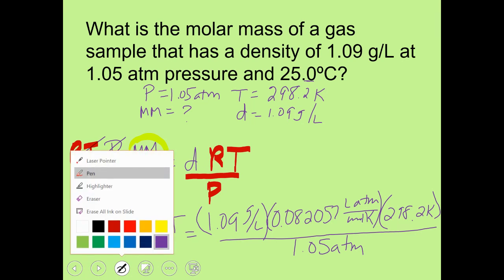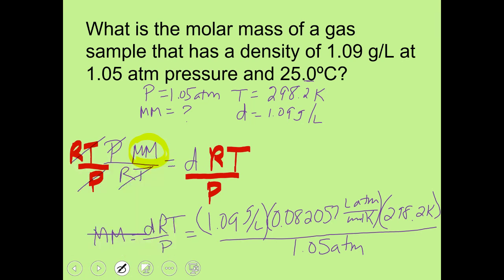Looking at my units and what divides out, the liters, the Kelvin, and the atmospheres, I'm left with grams over mole. So I am left with grams per mole as my answer. Okay, so that is a molar mass. That works out. Your units should always give you something that makes sense.